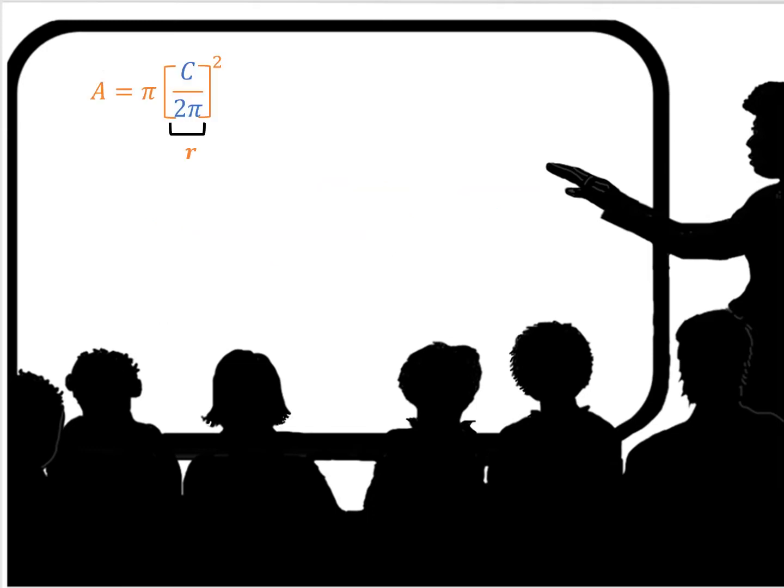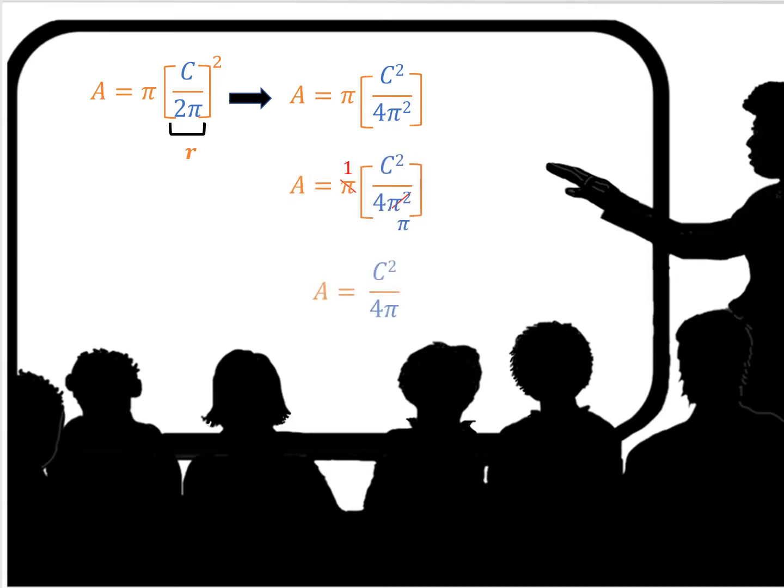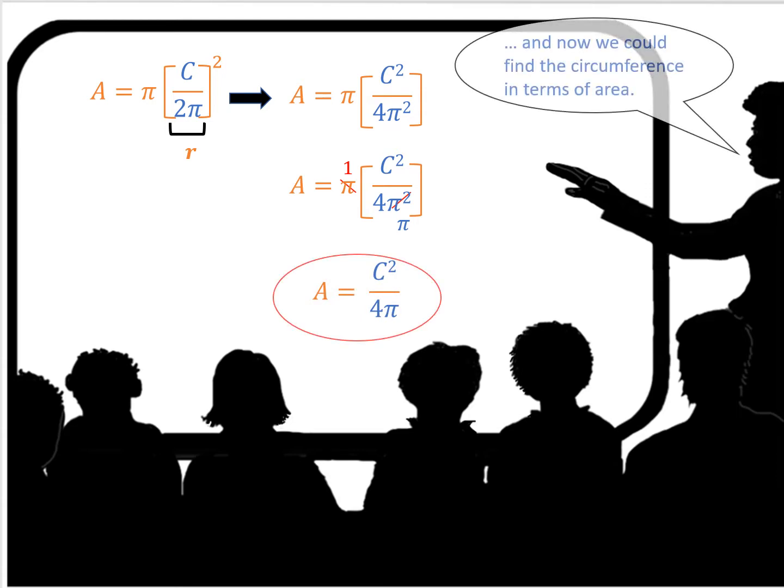So here we have the formula for area, and you can see where we substituted for r. And now we're going to factor out 1 pi, and we get area equals circumference squared over 4 pi.